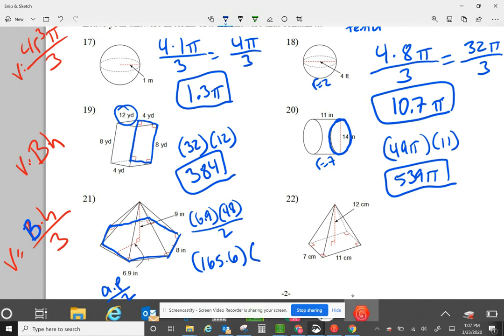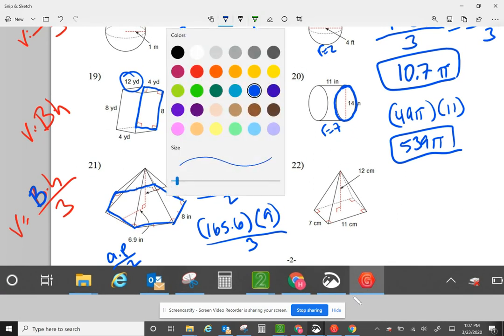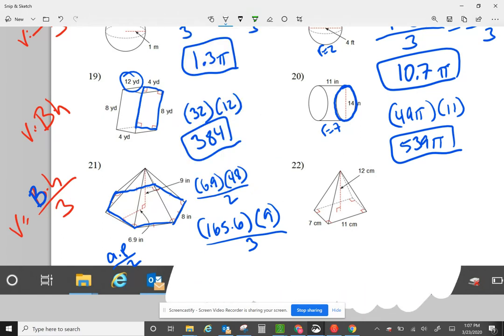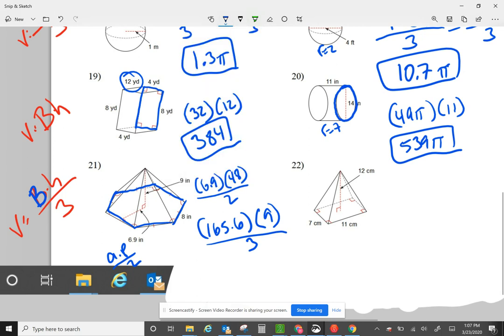So in this case, the height is 9. And I'm going to divide this by 3. And I get 496.8.